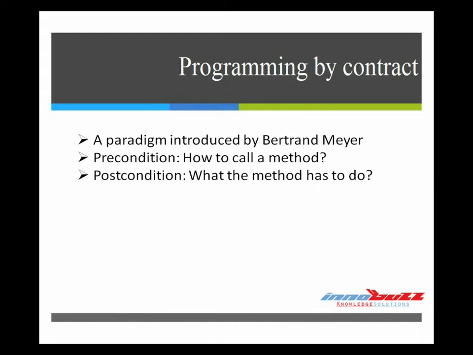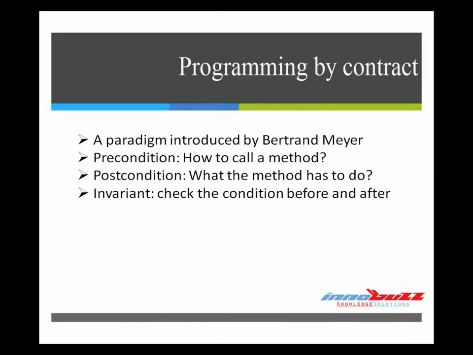There's a post condition. It is what we have after the method. What has the method to do? What is the outcome? This is the post condition. And we can have an invariant which provides us a checking. It's some kind of condition that has to be true before and after the method has run.